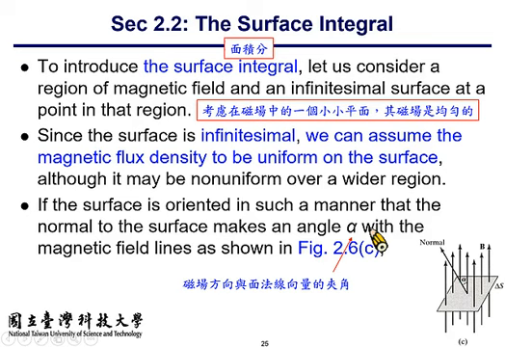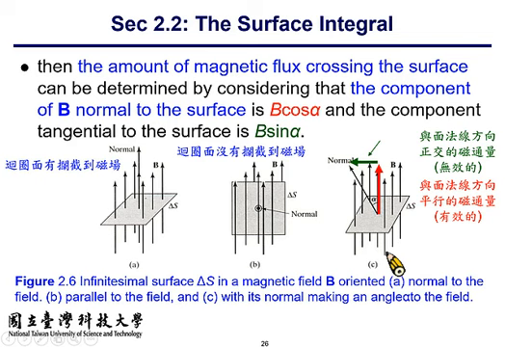So as a result, the integration can be regarded as not all the magnetic flux passing through the surface counts. Only part of it is accounted for. So we need to find out the component that is effective for this surface integral. As you can see from the right, B can be decomposed into two components.